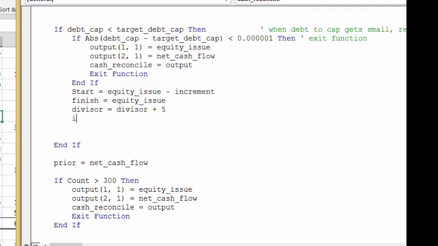And then we put increment equals finish minus start divided by divisor. So that if the divisor is really big, this increment gets really small, and it's going to have to go around and around a whole bunch of times. And then we go to restart.